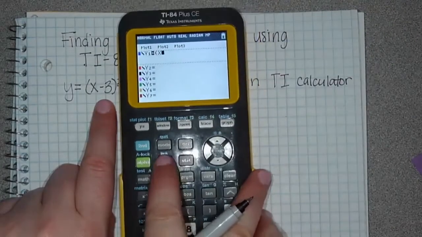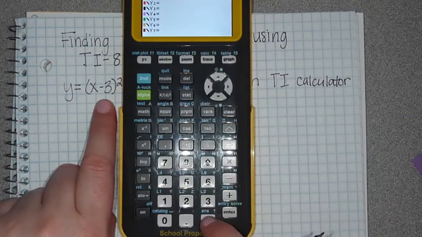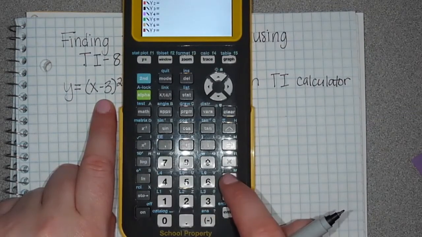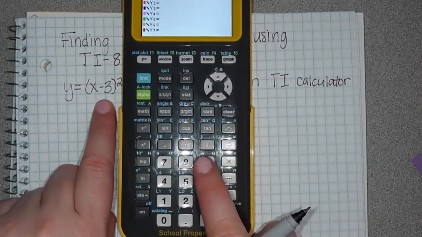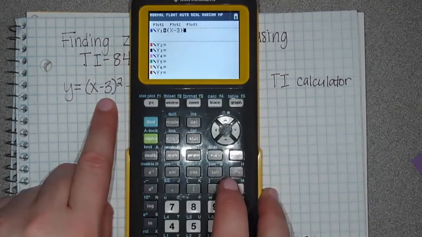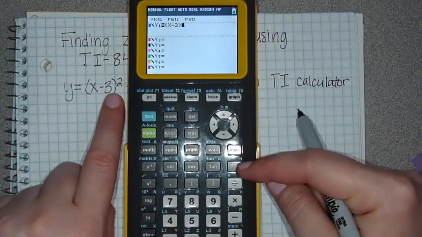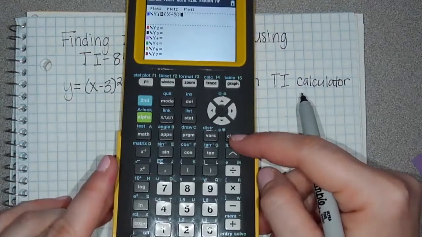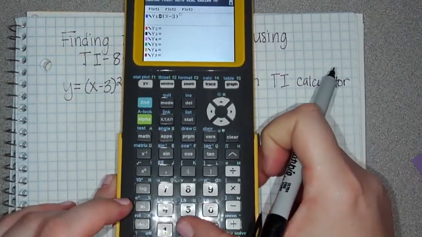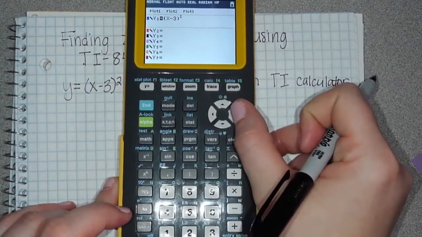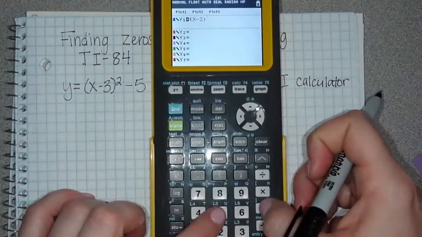So you're going to hit the X. Make sure you hit this minus sign, not the negative sign that's down here. So hit minus 3. Close parentheses. To do the squared, you're going to hit the caret that's right below this clear over here. Hit 2. Make sure you hit the right arrow, minus 5.